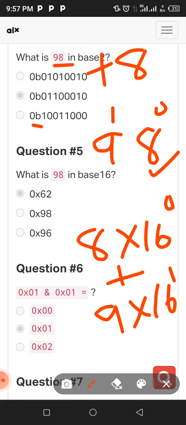Then 9 times 1 is 9, plus 5 is 14. That is 144.